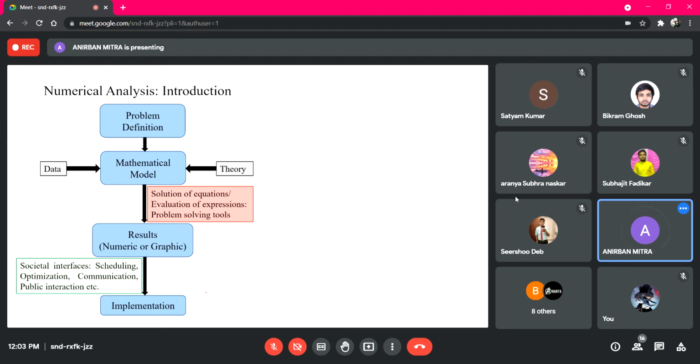If we have societal interfaces, then depending on the problem, you could have scheduling issues, optimization problems, communication, or public interaction. You cannot just solve a mathematical model and be done with it.